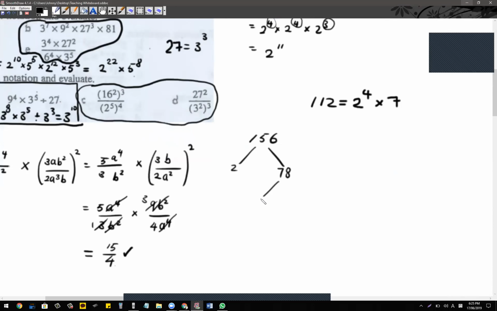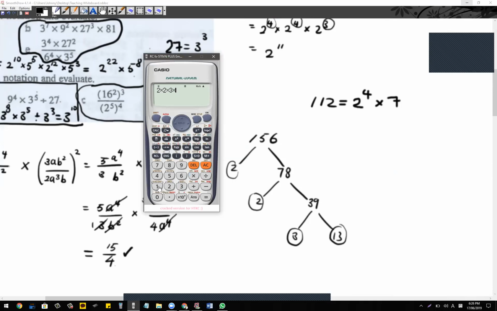You divide this by 2 again, then you get 39, true? So 156 is made up of this, and this is not prime, so you can divide this by 3. So 3 and 13, so it's made up of 2 times 2 times 3 times 13. That's 156, right?